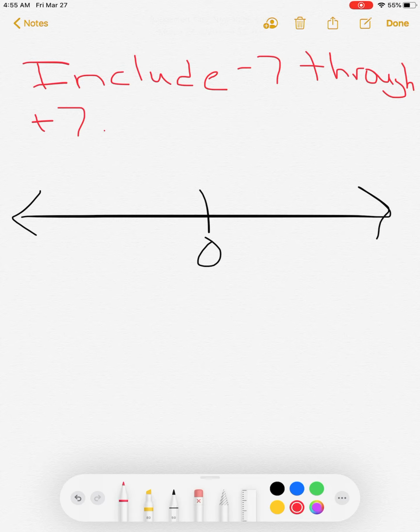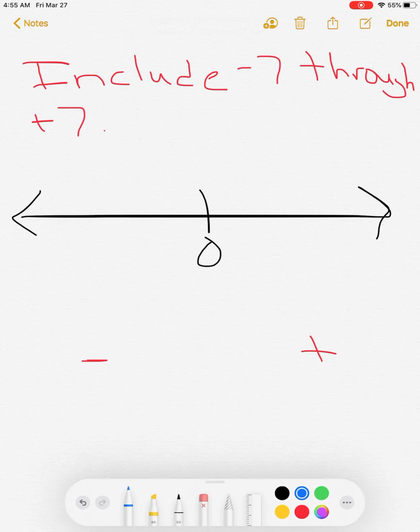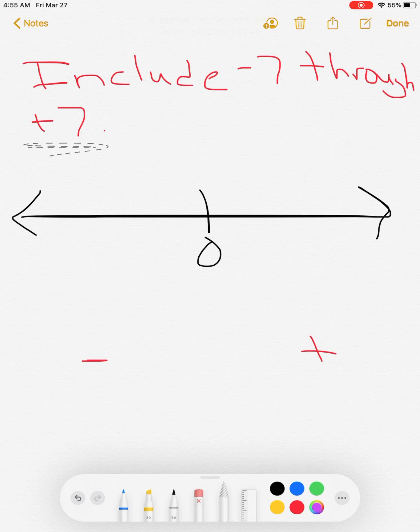And we know that positive numbers are on this side, negative numbers are on this side of the number line, right? All right, so we have to go all the way to +7 on the positive side, and on the negative side, we have to plot all the way to -7. Okay, so here I'll plot +7.